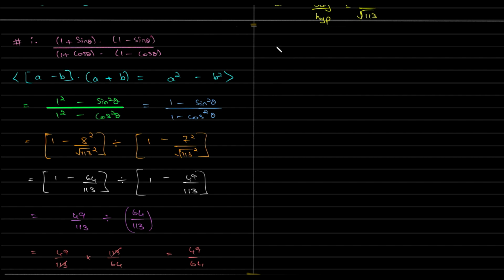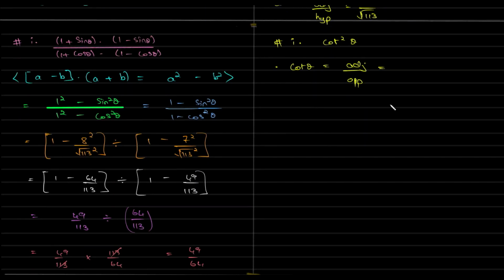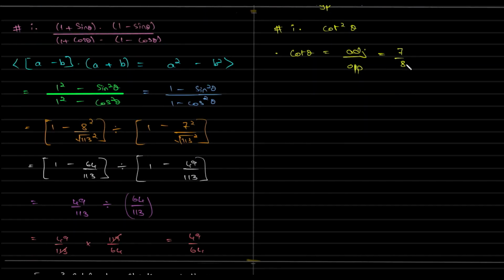Lengthy working, but yeah. And next is cot square theta. For that we need to find cot theta first. Cot theta is equal to adjacent of angle theta by opposite of angle theta. Adjacent is 7, opposite is 8, 7k by 8k.